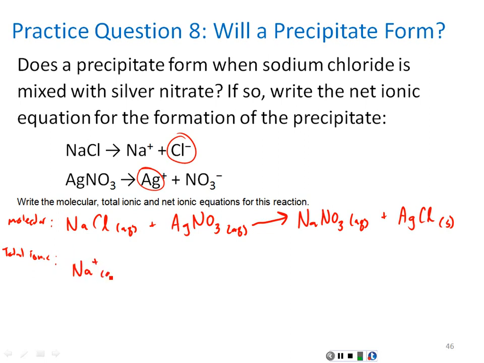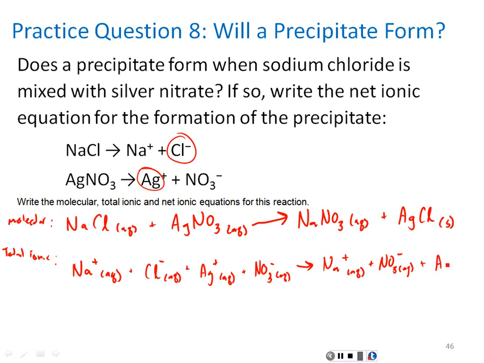Na+ aqueous plus Cl- aqueous plus Ag+ aqueous plus NO3- aqueous goes to Na+ aqueous plus NO3- aqueous plus AgCl solid. And it's important to remember that you have to include the physical state, the aqueous or solid, of every ion.